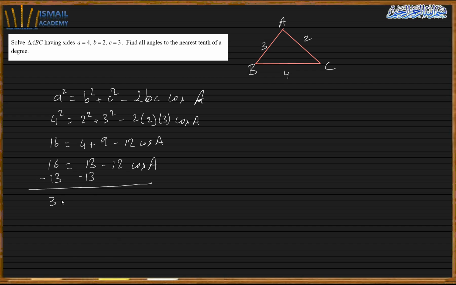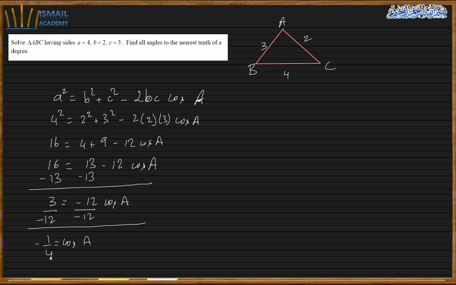So I got 3 equals minus 12 cosine of A. So divide by minus 12, which means minus 1/4 equals cosine of A.